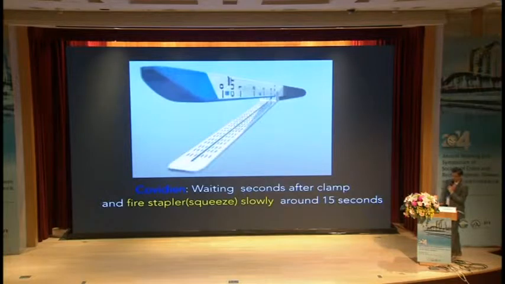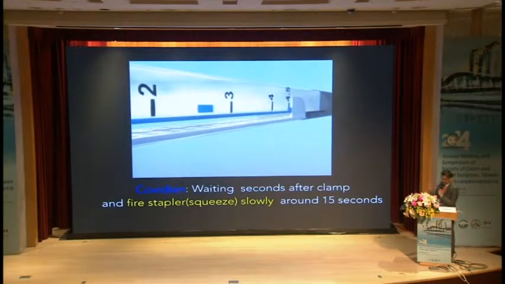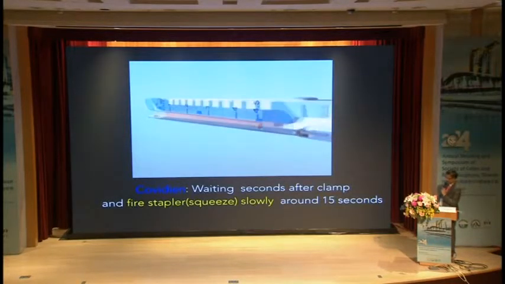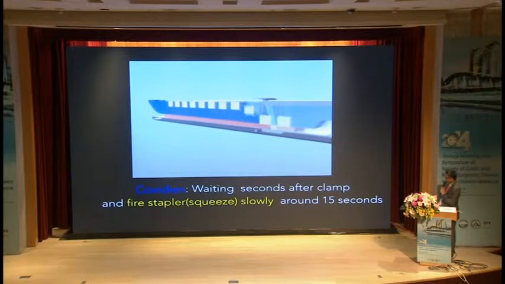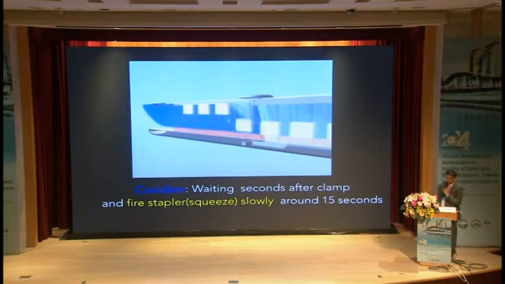But in the Covidien design, the key to tissue compression comes from the design of their spatial knife blade. As the knife blade goes forward, it pulls the upper and bottom jaws together to make external stress compression. So when you use the Covidien staplers, you have to wait several seconds after compression and fire the staple slowly, around 50 seconds.